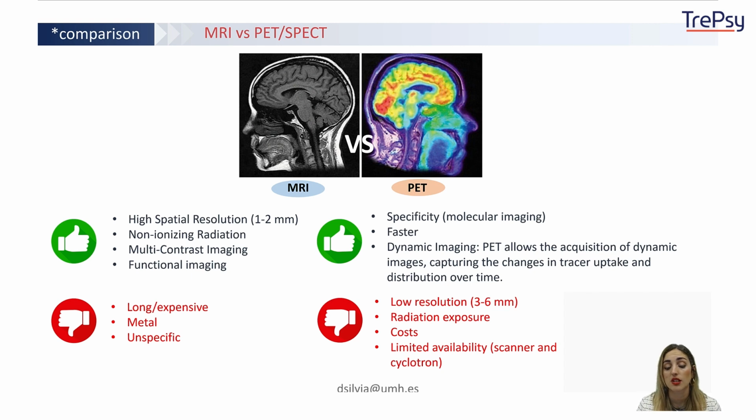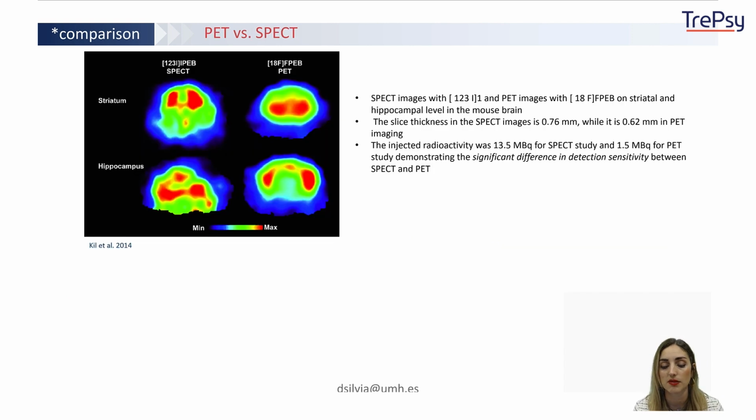And the costs are high, well, probably not as high as MRI, but still high between the scanner and the cyclotron. And also there may be limited malleability, especially because the examination setup must have both the scanner and the cyclotron to produce, or in the proximity to produce, the tracers.